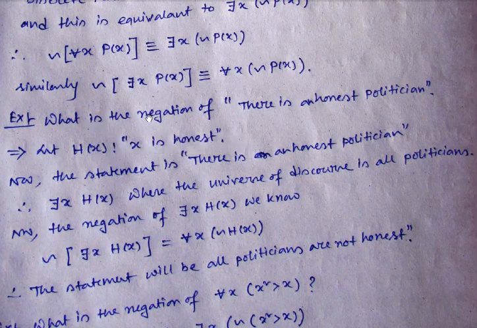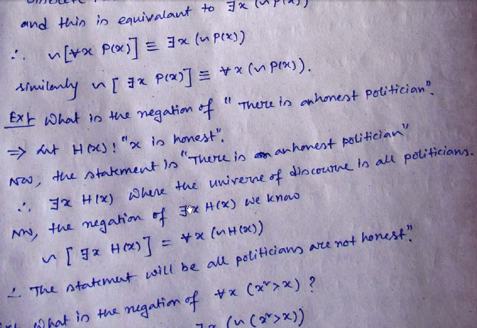Say, what is the negation of this statement: there is an honest politician. So we are considering hx to be the statement x is honest. The universe of discourse for this problem is all the politicians in this world, and I am saying that there is an honest politician. That means there exists x, hx is true, where x is honest, as we have already declared.